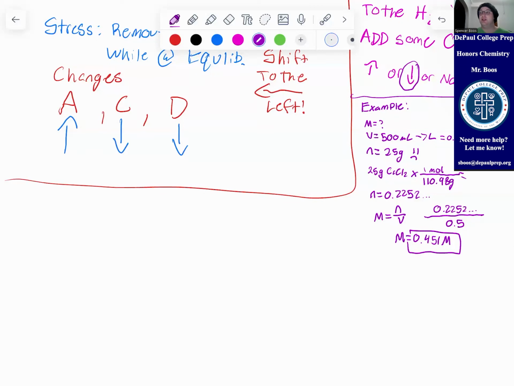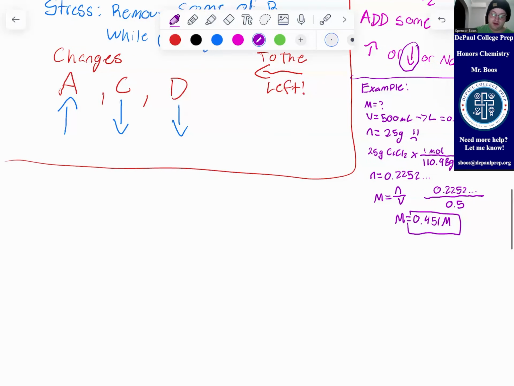But can you explain the effects of increasing and decreasing pressure? Sure. So let's go over pressure. With increasing and decreasing pressure, we have a couple things that we need to discuss, right? This mainly works for gases, right?